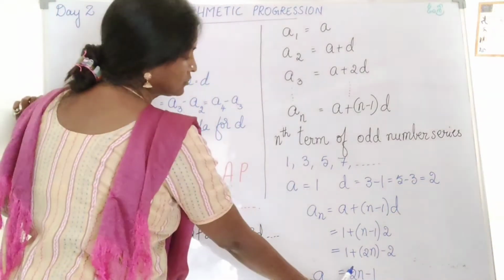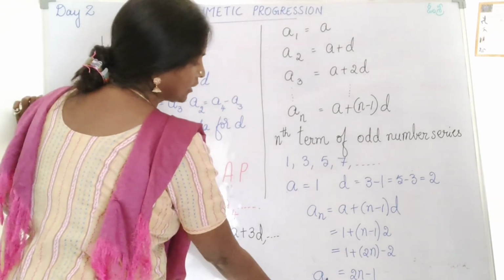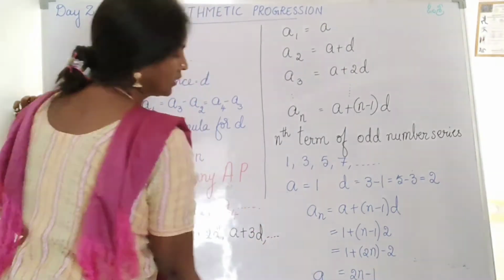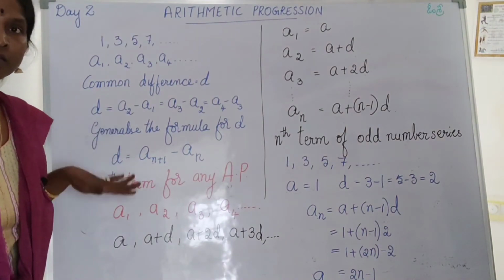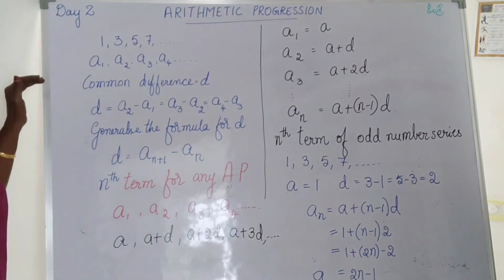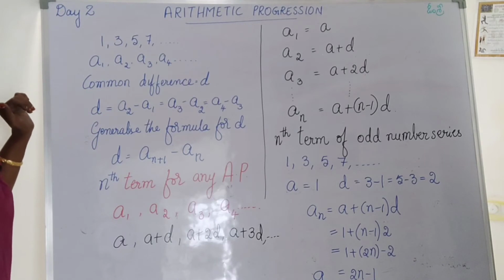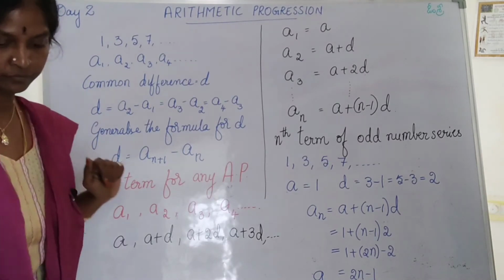Finally the answer is a n is equal to 2n minus 1. So this is the sequence in which we find the nth term of any given series. Hope you followed. Thank you.